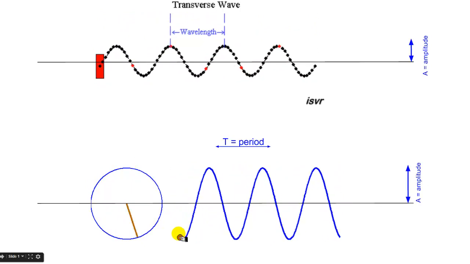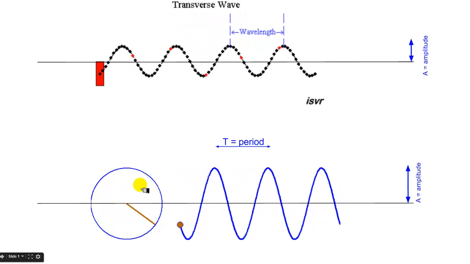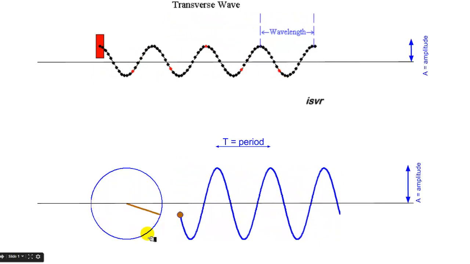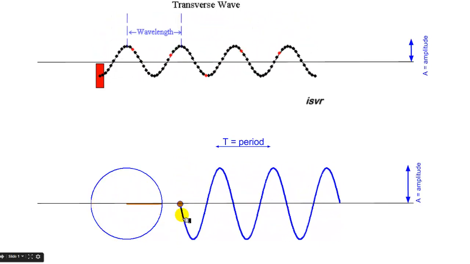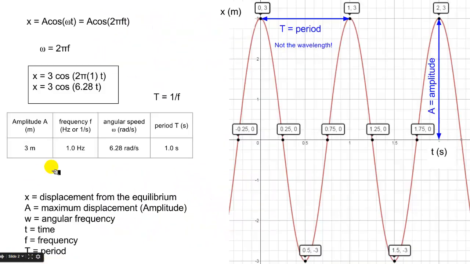There's the position where it's moving up and down. The angular speed of this circle is related to this position. And that angular speed corresponds to this omega here, the 6.28 radians per second in this particular example. And that's it.